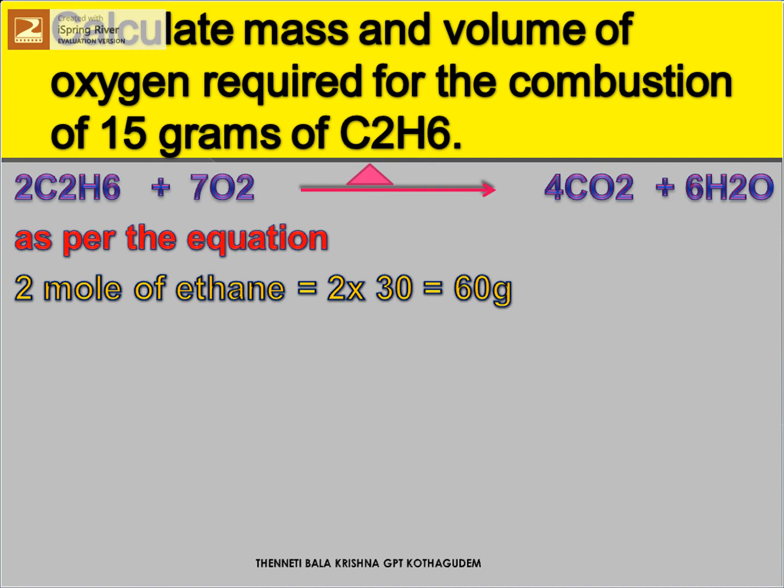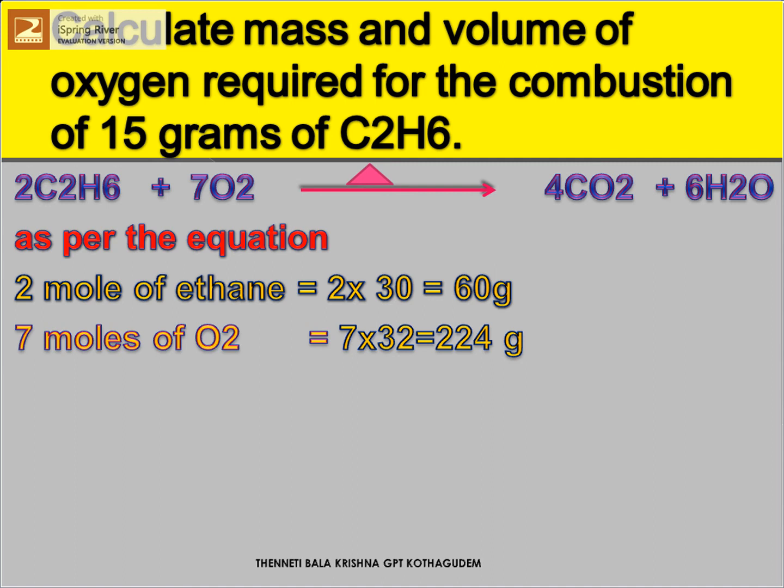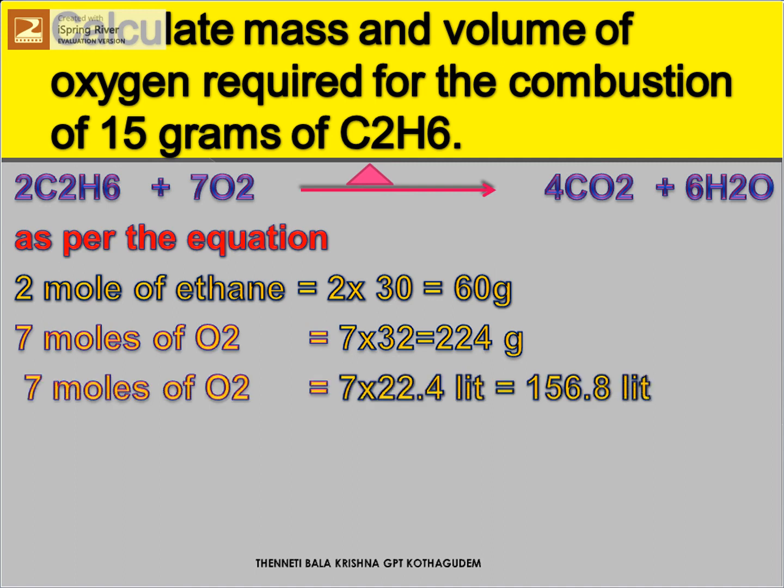Next, the oxygen. How many moles? 7 moles. What is the oxygen weight? 32. 7 into 32 is 224 grams.